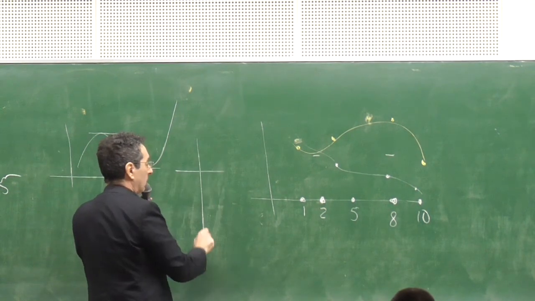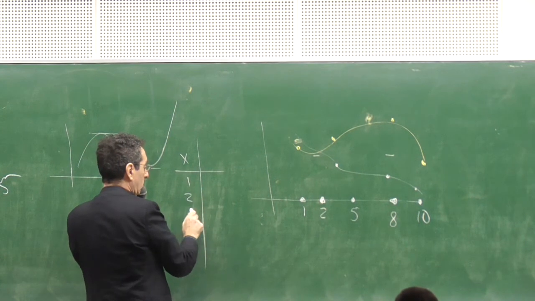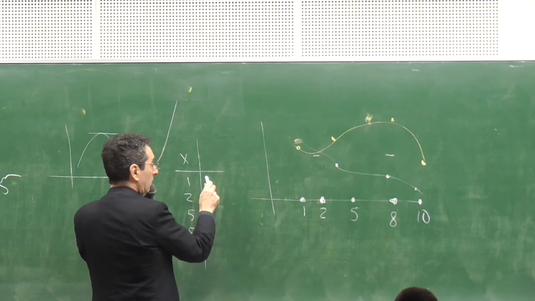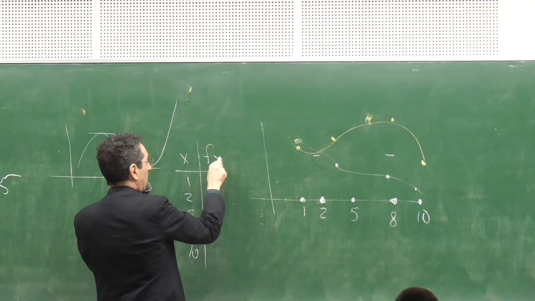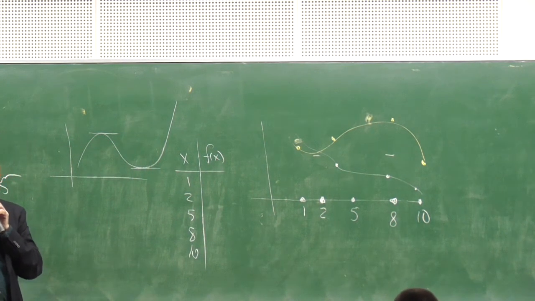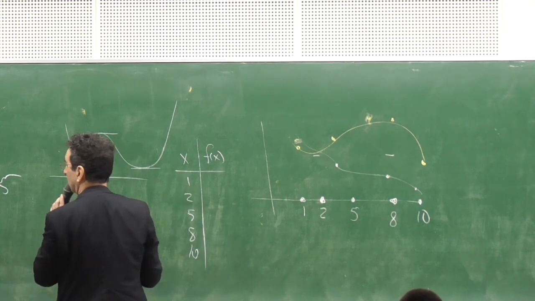See what happens. So we're going to do x: 1, 2, 5, 8, 10, and what are we doing? We want to check the height. F of x, not the derivative. Right? We're not looking at the derivative here, we want to look at the height, right? At different places. So when x is 1, what do we get?